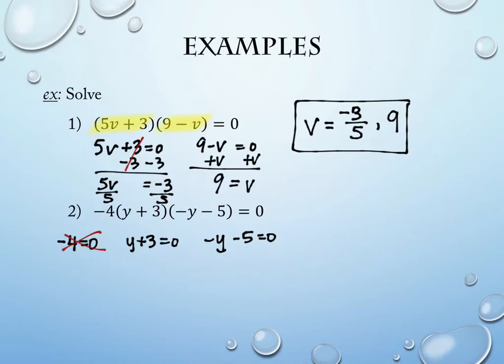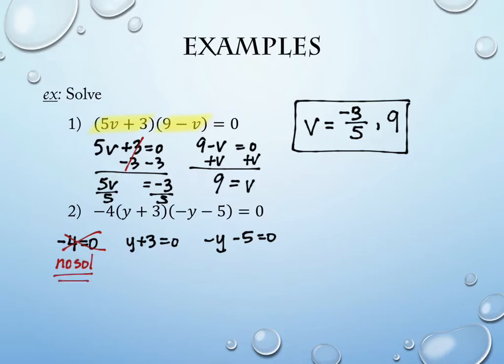Nobody wants to tell me that negative 4 does not equal 0? Right? I mean, it doesn't. There's no way in any universe that negative 4 is equaling 0, correct? Yeah, so I can write it down, but it doesn't solve. It doesn't give me any value for the y in this problem, because the negative 4 doesn't have a y attached to it. So there is no solution from here.